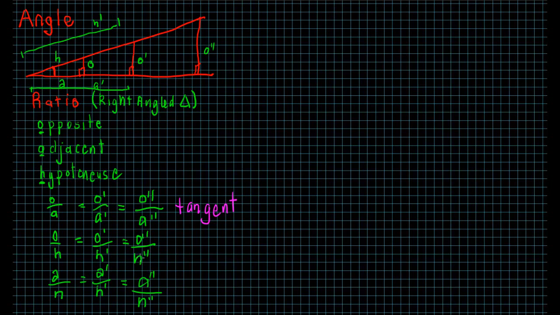And then they said, well, the opposite over the hypotenuse, we'll call that the sine. And the adjacent over the hypotenuse, we'll call that the cosine. I don't know when they decided this, but whatever. So there we are. We have these ratios, and the ratio is constant, so they're constant ratios.